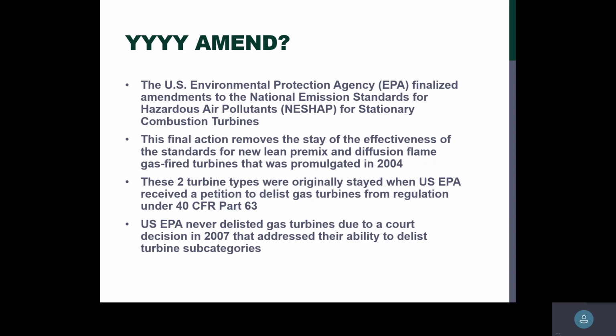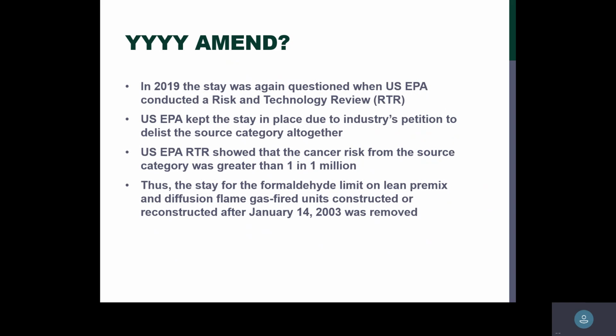The US EPA never delisted these gas turbines due to a court decision in 2007 that said you don't have the authority to delist any turbine subcategory. In 2019, the EPA did a risk and technology review. When they did this, US EPA kept the stay in place due to the industry's petition, once again, to delist that source category altogether.